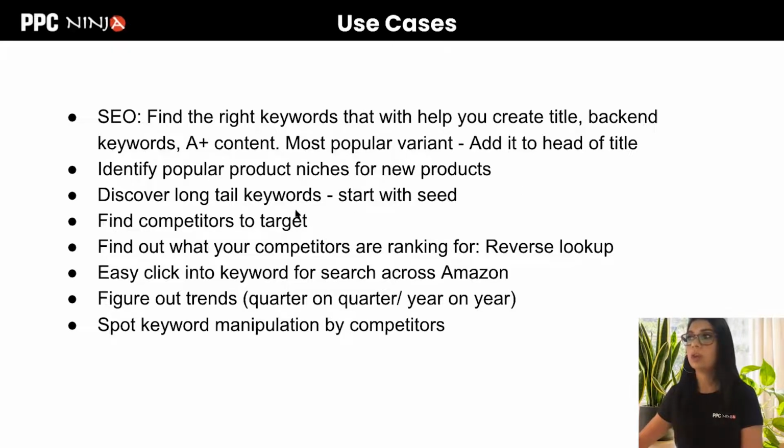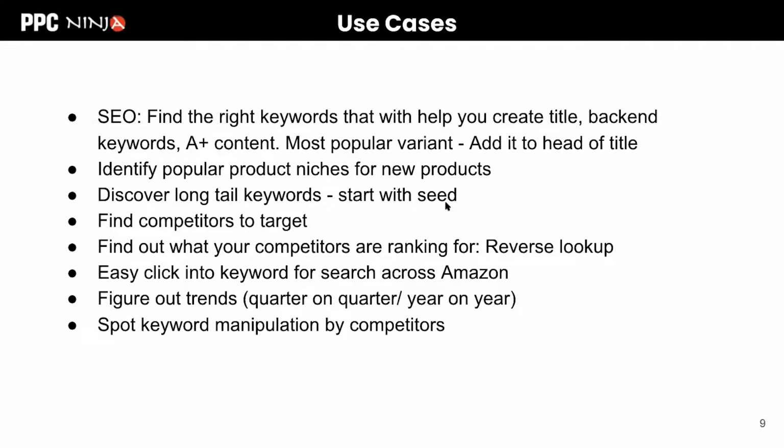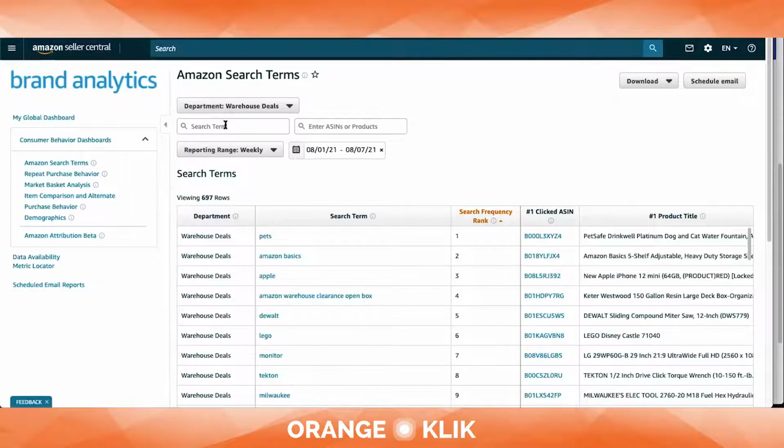You can discover long tail keyword variants, right? So I have a trick here that I want to share with your audience, which is when you search for keywords within brand analytics, you should always start with a seed keyword that is as small as you can get it to be. So I'll give you an example. So here is the search term field, right?